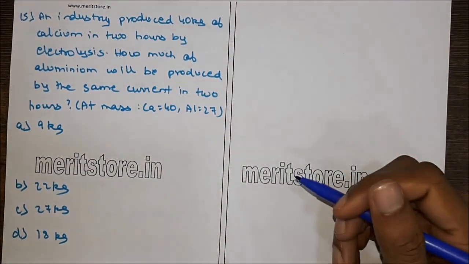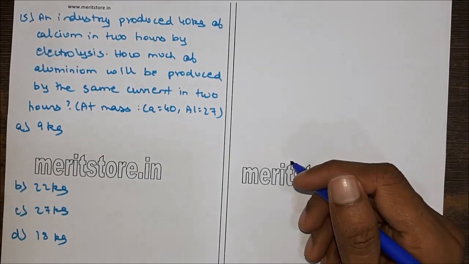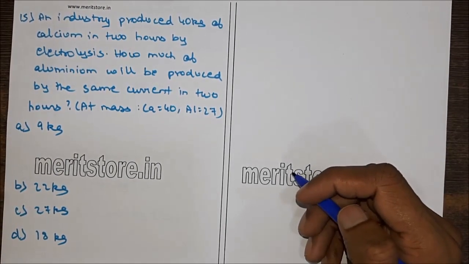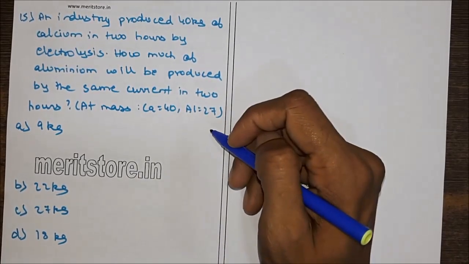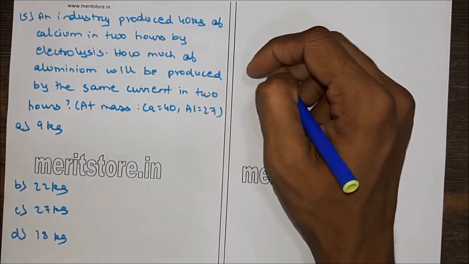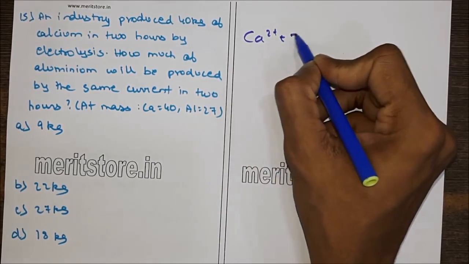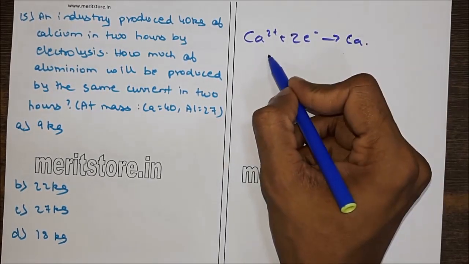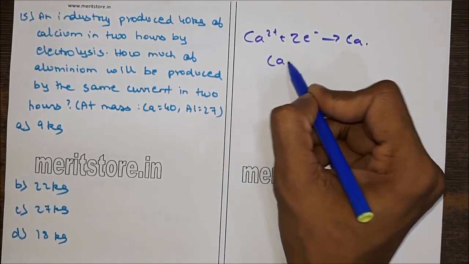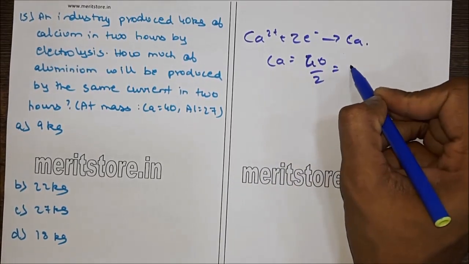Question 15. An industry produces 40 kg of calcium in 2 hours by electrolysis. How much aluminum will be produced by the same current in 2 hours? The atomic mass given: calcium is equal to 40 and aluminum is equal to 27. So reaction at cathode, Ca2+ plus 2e gives us calcium. Equivalent mass of calcium is equal to 40 upon 2, which is equal to 20.